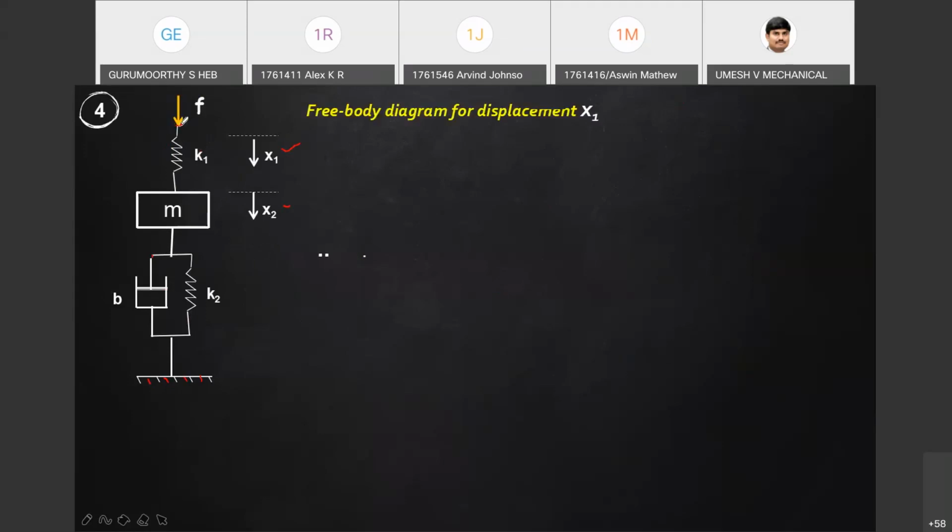Consider the free body at this point. That is your first part of the node or displacement equation. Wherever displacement is given, write the equation at that particular point.